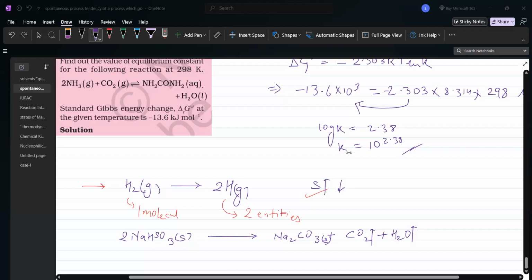Zainab is having some technical issue. Shaima, what do you think? So Zainab has answered. Okay. Shaima, yes, sir. Is entropy increased or decreased? Increased. Okay. Why so?